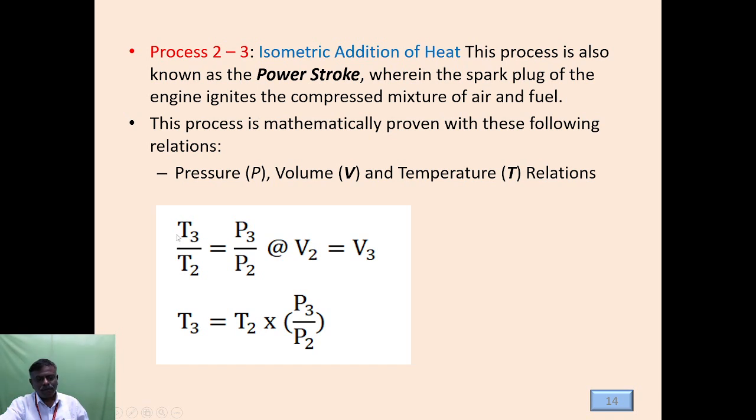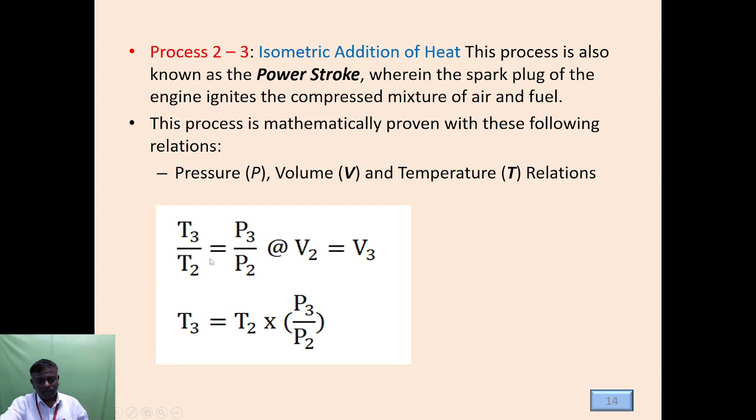We know the basic equation P1 V1 divided by T1 equals P2 V2 divided by T2. Likewise for the process from 2 to 3, P2 V2 divided by T2 equals P3 V3 divided by T3.